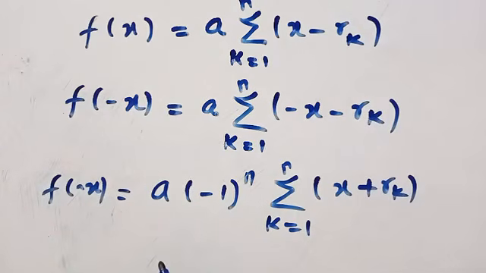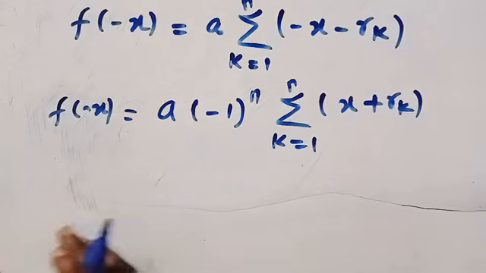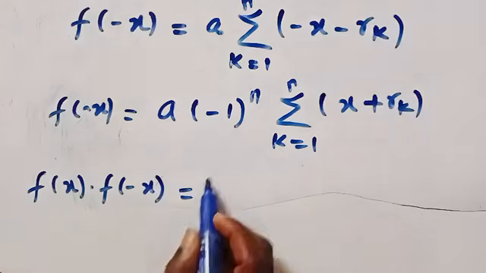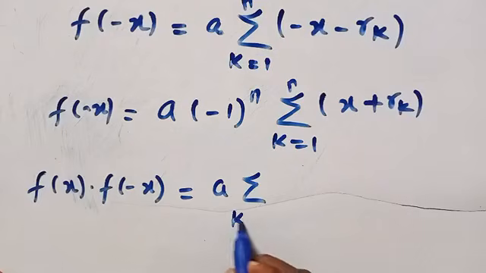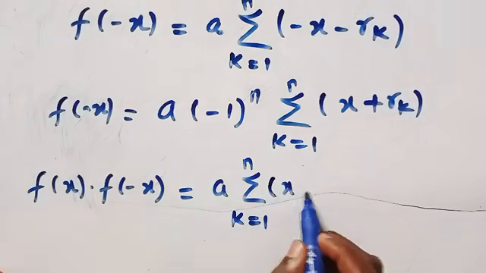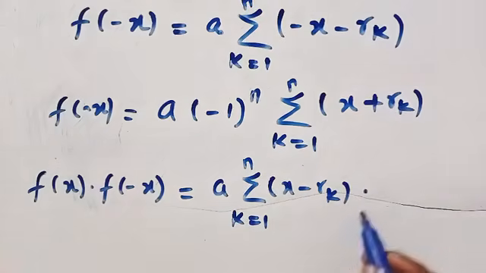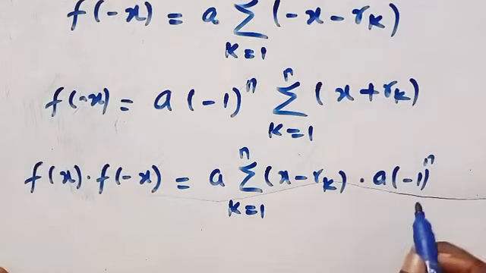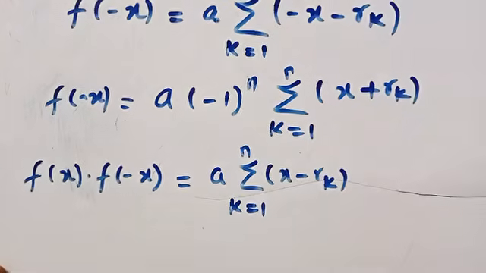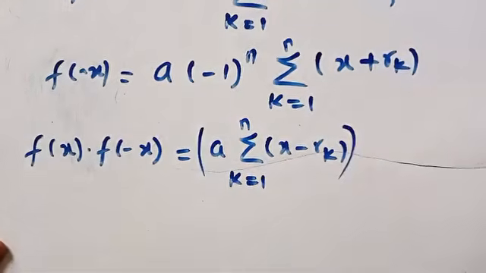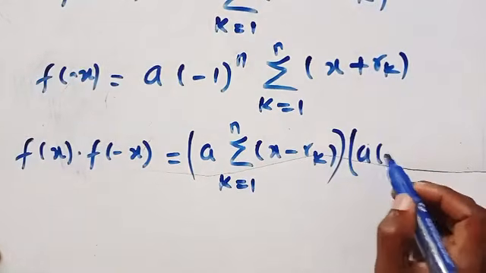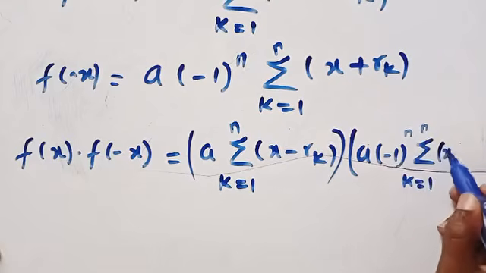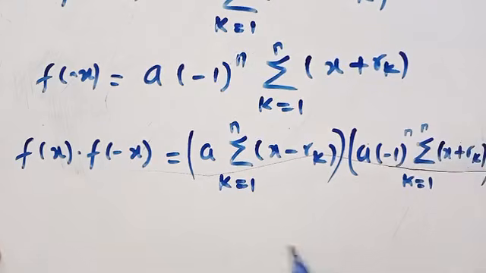So let's try and multiply these together. For f of x and f of minus x, multiplying these together, we are going to have f of x multiplied by f of minus x equals, for f of x, the product for k equals 1 to n of bracket x minus rk, then multiplied by a into bracket of minus 1 raised to power n, then the product of k equals 1 to n of x plus rk, all in brackets.